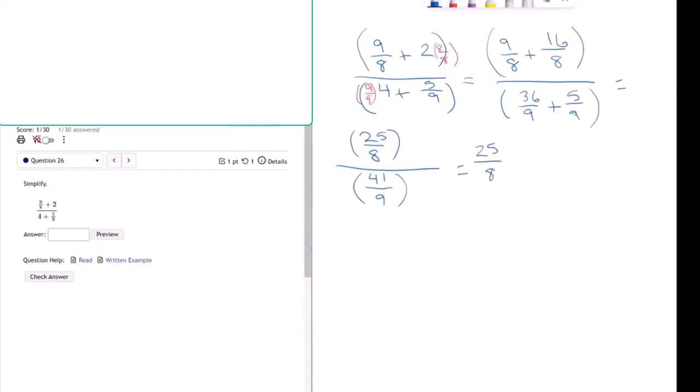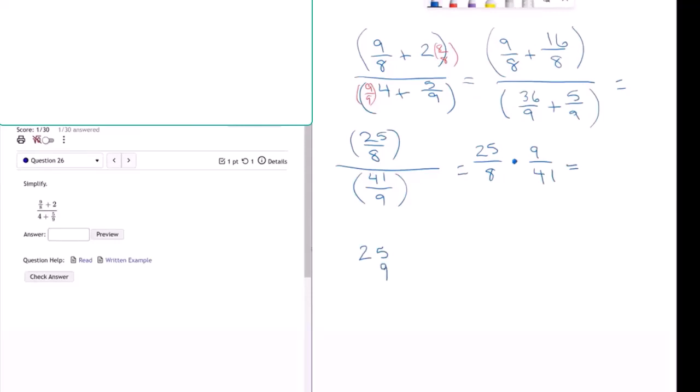Because this really is 25/8 divided by 41/9, it's keep, change, flip, which equals 25 times 9.